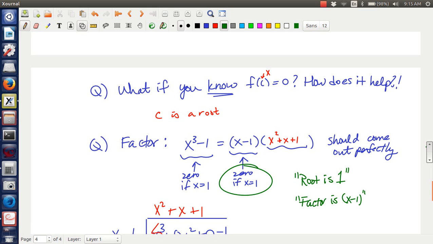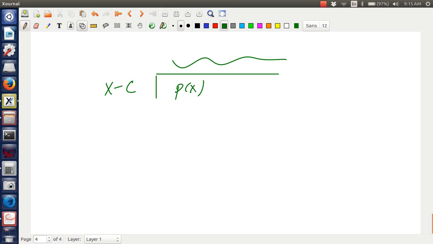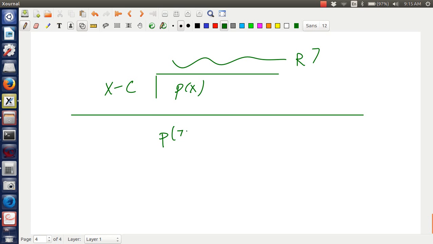And another thing is, even if you were to try to divide any polynomial by any factor, you get some junk up here, right? Your remainder is, let's say, remainder 7. Then you knew that if you put in c, the answer is 7.